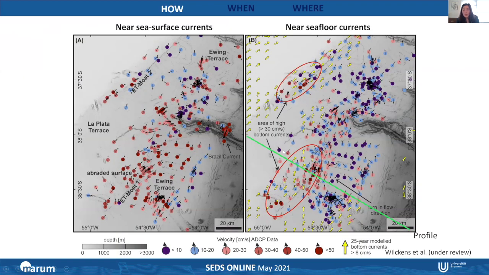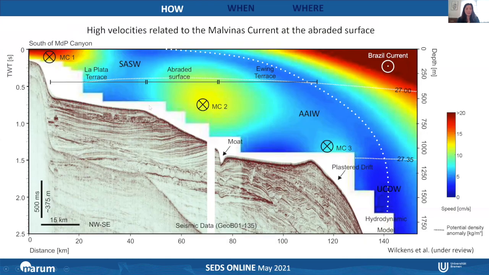And now I'm going to show you a profile that goes through here so that you can visualize better how these currents are distributed in the different features. So here we have the two terraces and an abraded surface in the middle. And what you see here in color is the average speed from reanalysis, a model that incorporates also measurements.